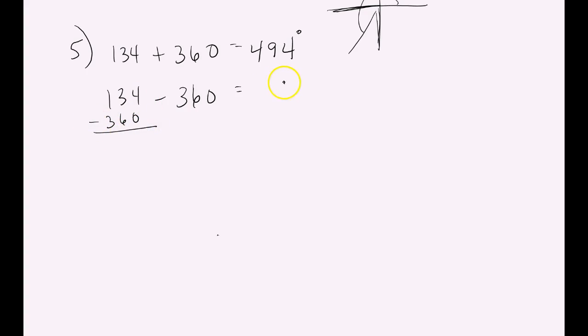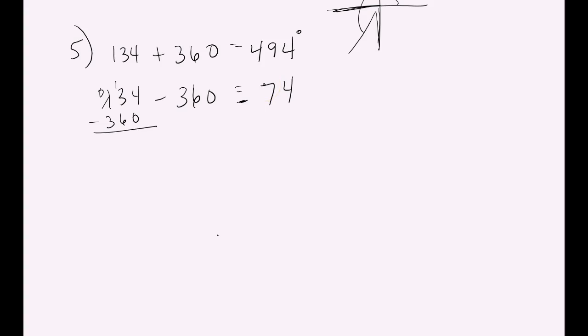And if I subtract these two, sorry, I don't have my calculator. Help me out here. Why can't I do this? Hold on, I feel really stupid right now.